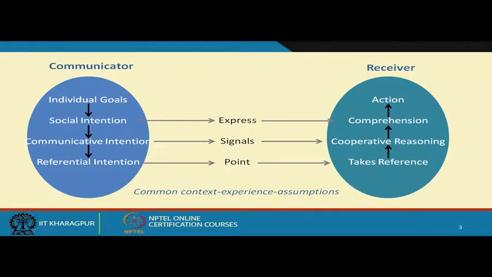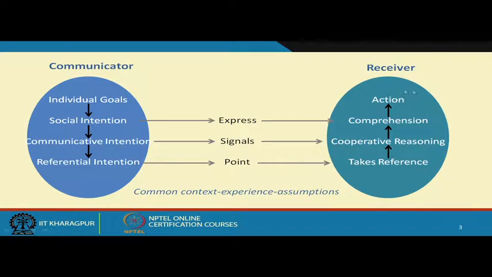So, here the cooperative reasoning is mixed with the social intentions. The receiver can understand this is the social intention. Oh, so I need to participate because that will benefit me, for example, in this particular program.